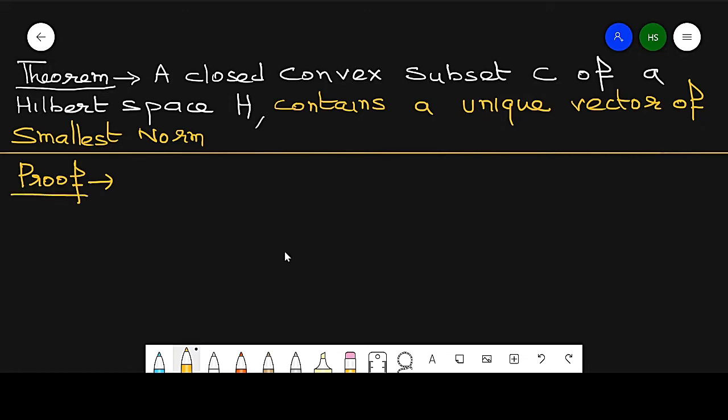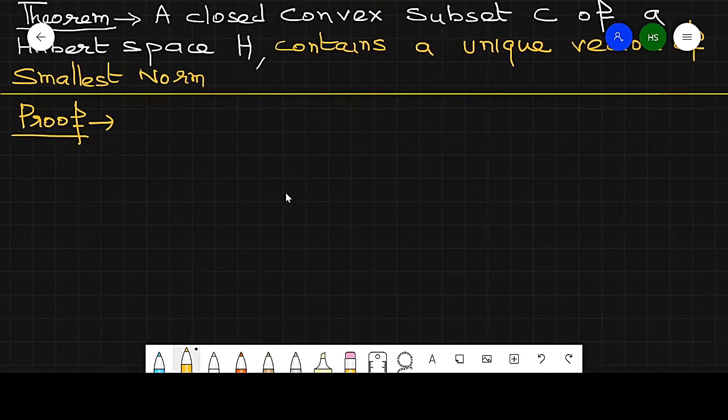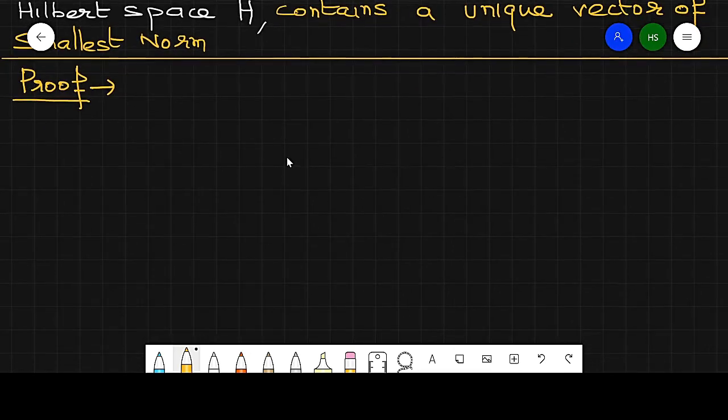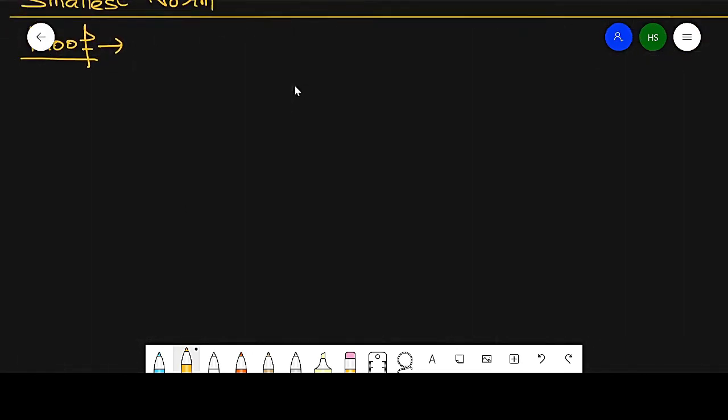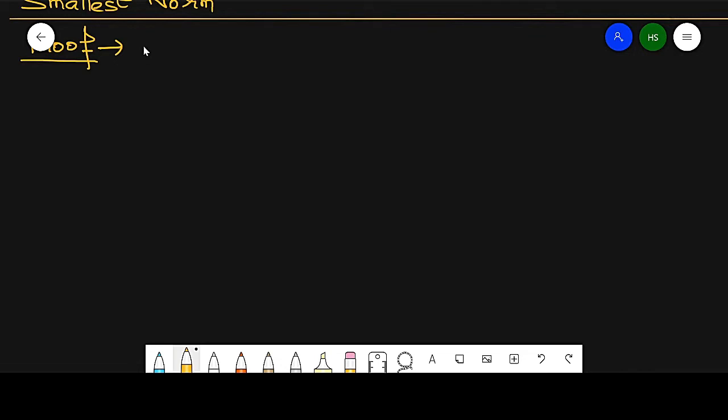So to prove this result, first part, it contains a unique vector of smallest norm. So I define a value d, which is the smallest norm, meaning the infimum of the set of norm of x, where x belongs to C. So what is C?